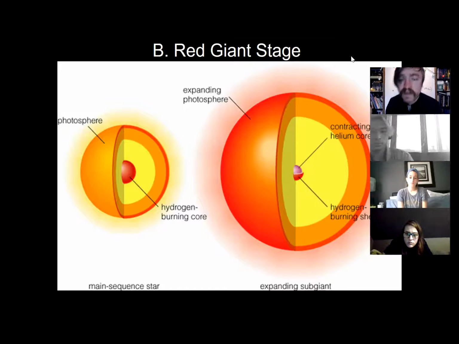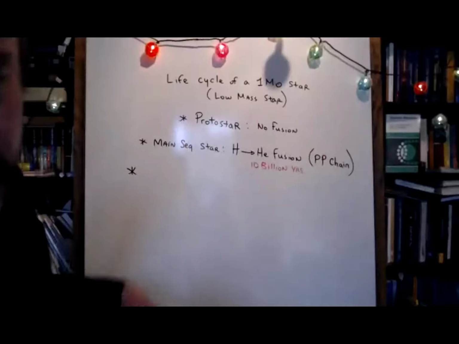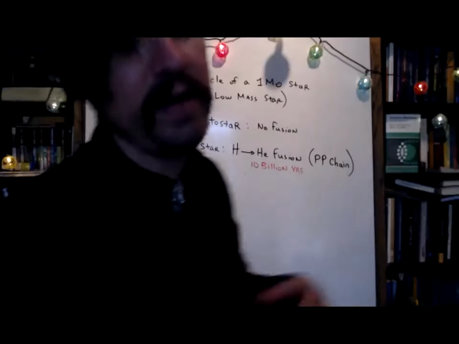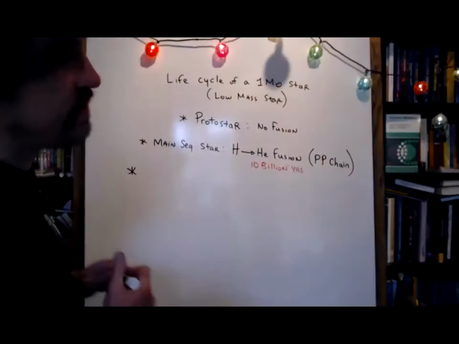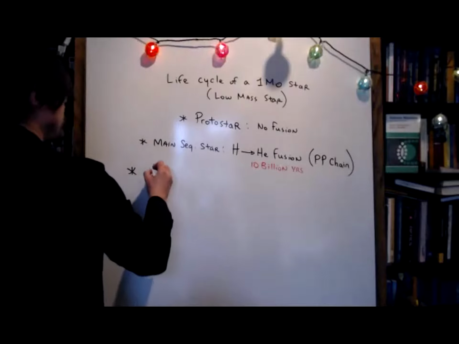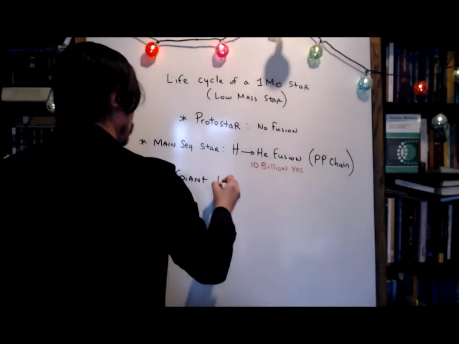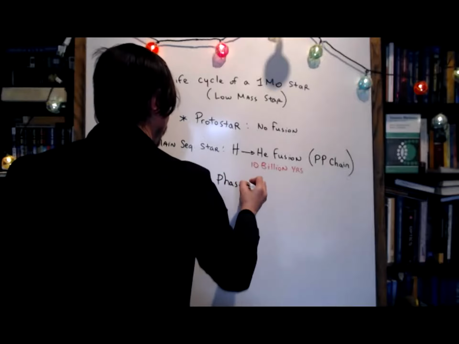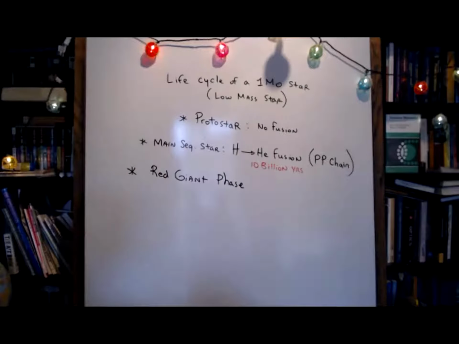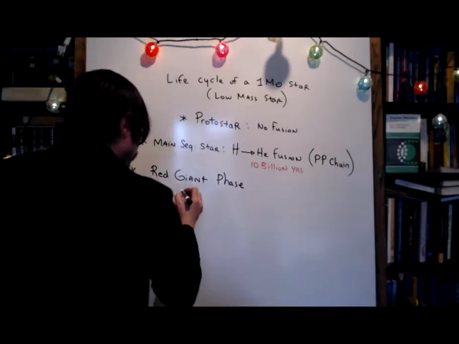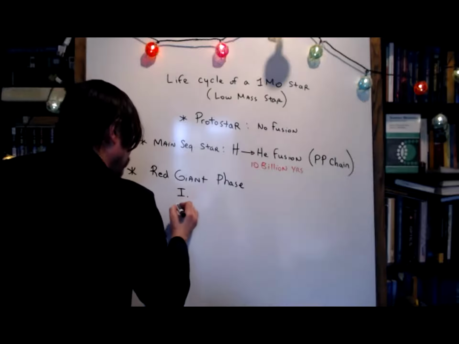And red giants kind of have three different phases, and we need to talk about them today because our lab is about the second phase of red giants. The red giant phase is eventually what will happen to our star. And there's three different stages.